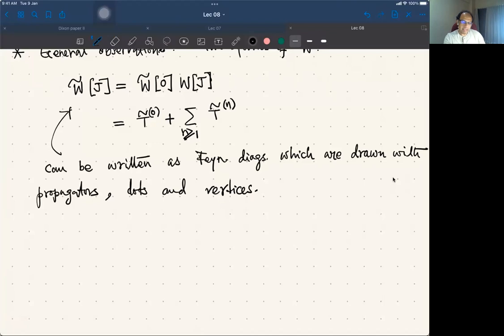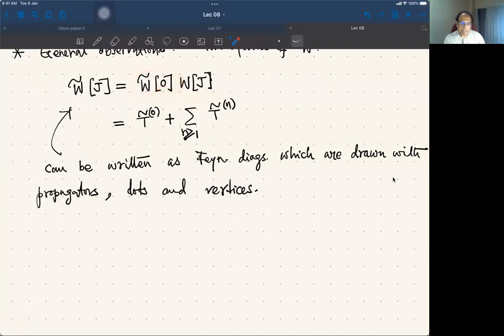Therefore, if you set J equal to 0, that is the case here. In this first expression, if you set J equal to 0, W of 0 is 1, so this is the J equal to 0 part. So whatever diagrams appear here, they do not have any dots.